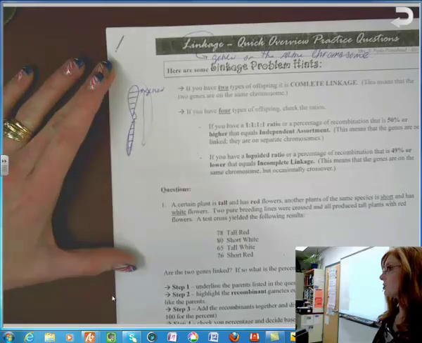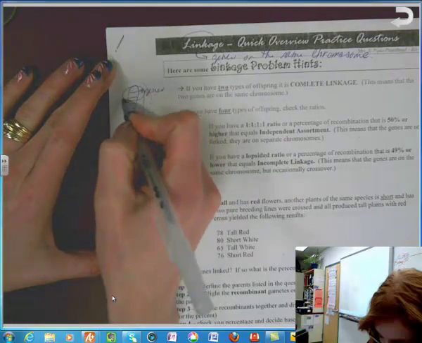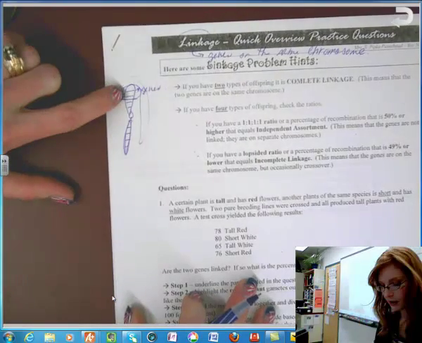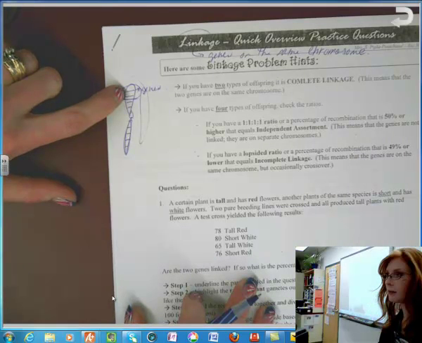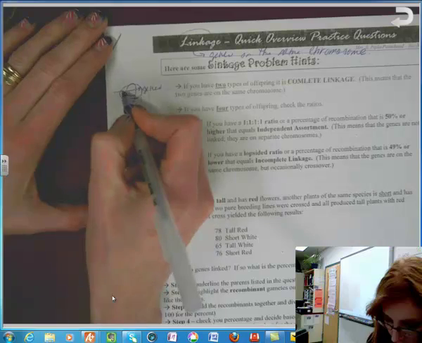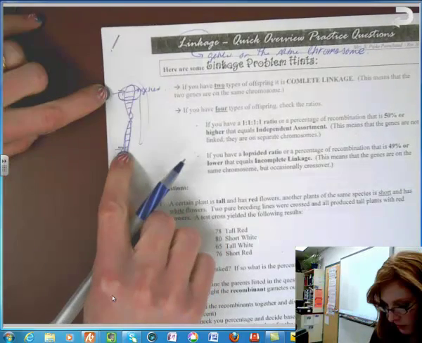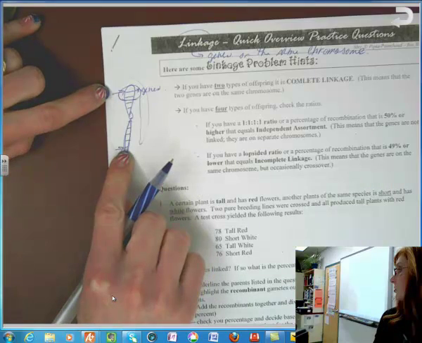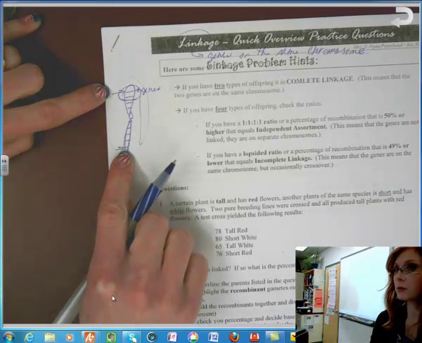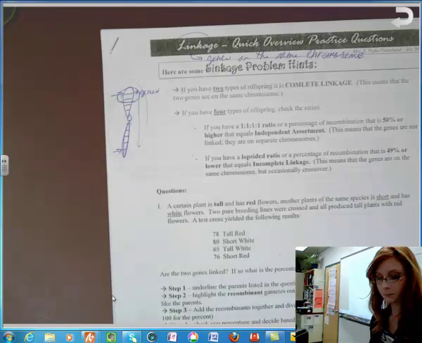The closer two genes are together, the chance that a chromosome is going to break and cross over between those two genes is pretty low. Whereas between these two points, there's a greater chance of a breakage because it's further apart. Okay? So that's all that linkage means.